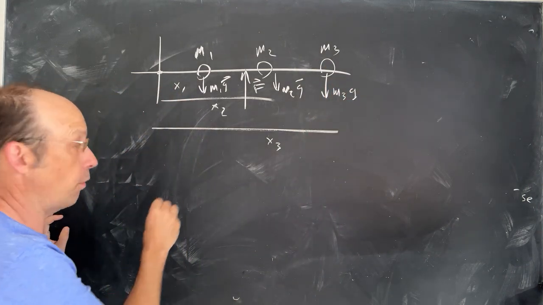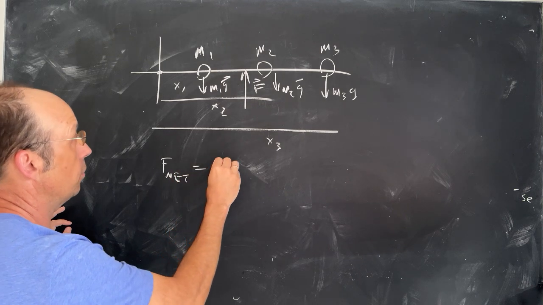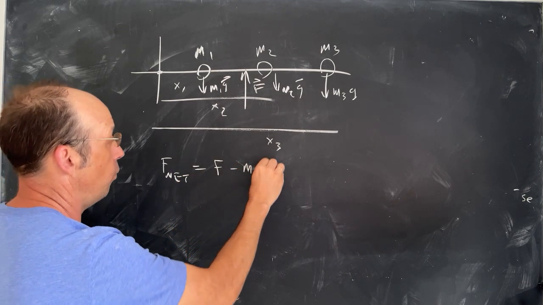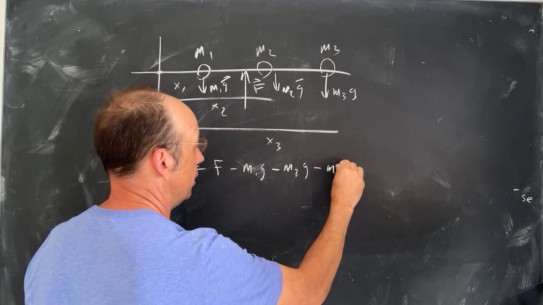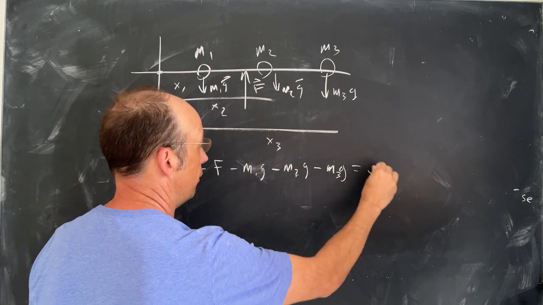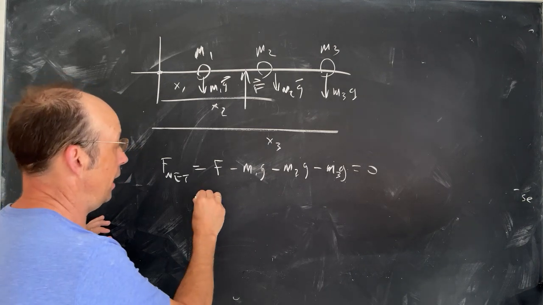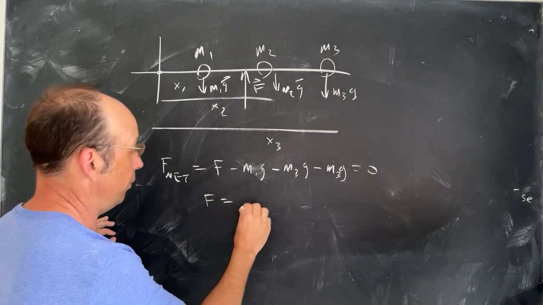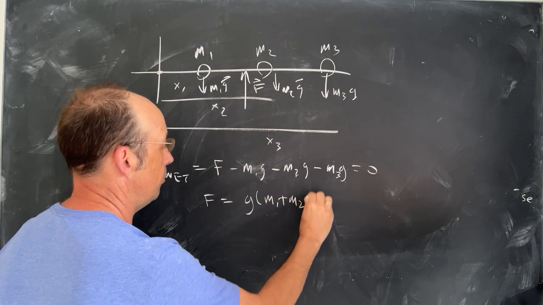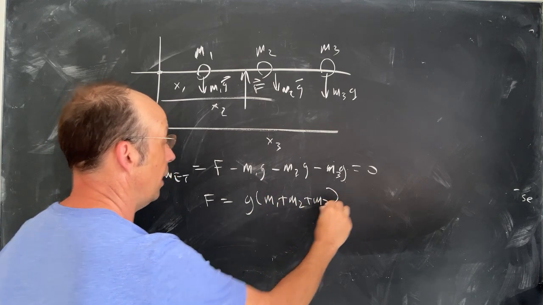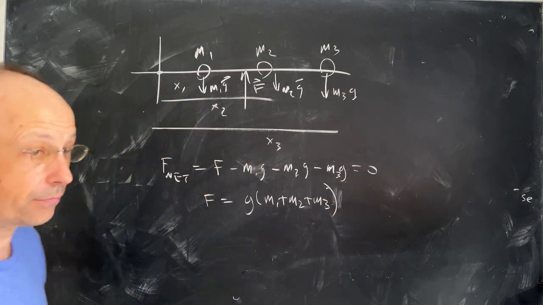So the net force in the y direction is F minus M1g minus M2g minus M3g equals 0. That has to be true. So I can write this as F equals g times (M1 plus M2 plus M3). That has to be true in order for the net force to be 0.